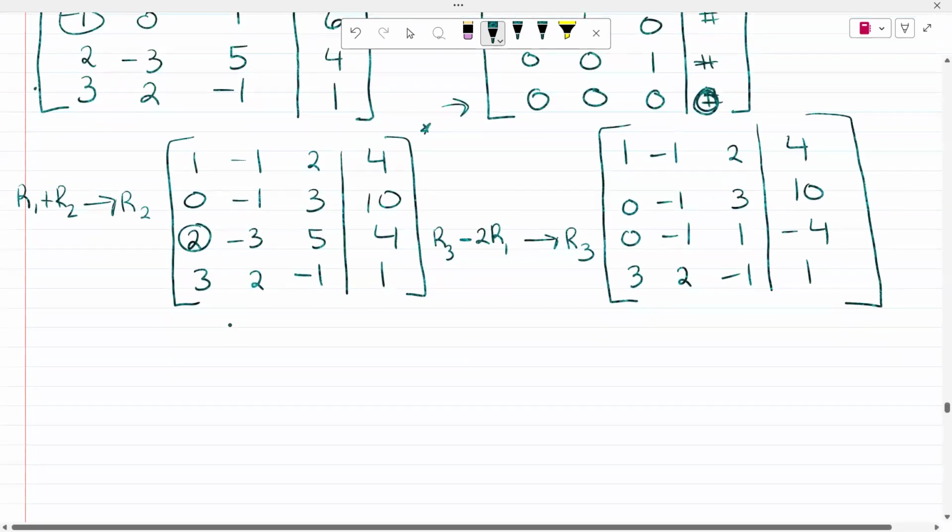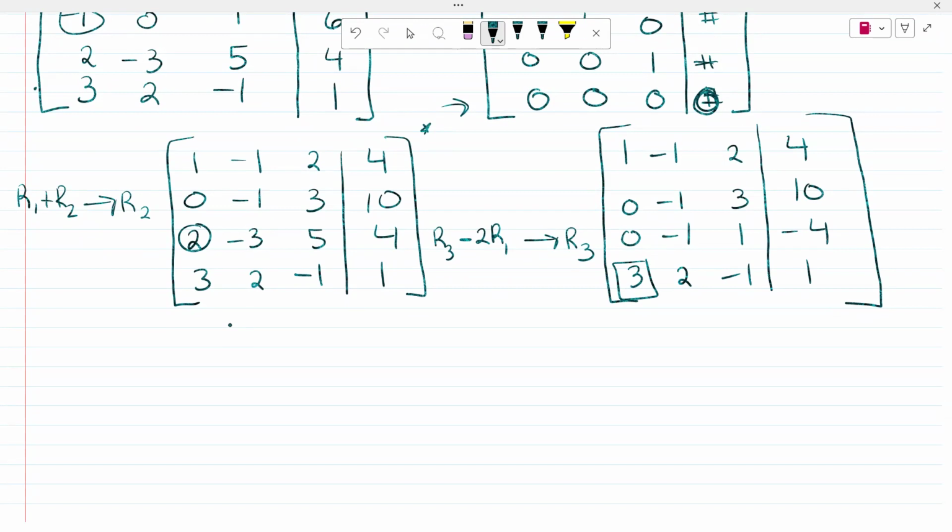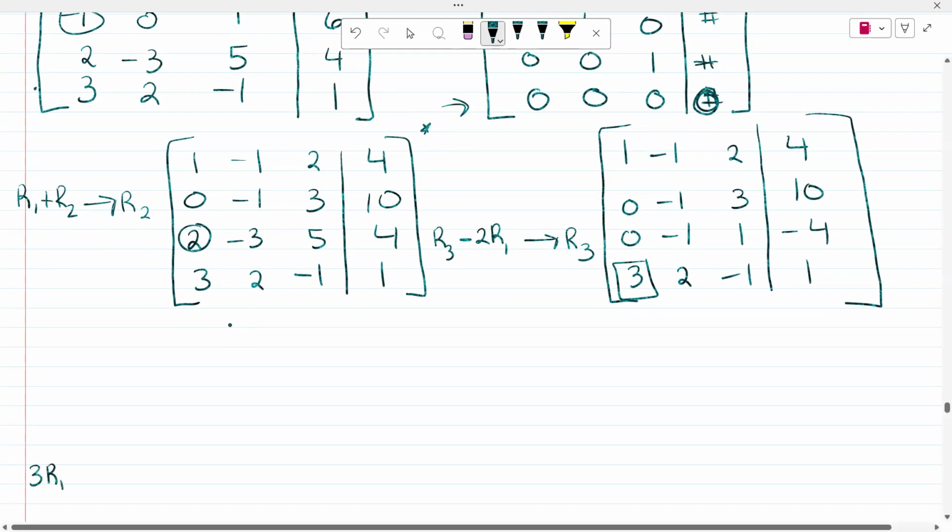Then the next step I would do is see this 3 here, I'm going to make that into a 0. So to do that, you're going to do 3 times row 1 minus row 4. So it's going to be 3 times row 1 minus row 4. And that gives you your new row 4. So when you do all the work, you should get 0, -5, 7, straight line, and then 11, right?